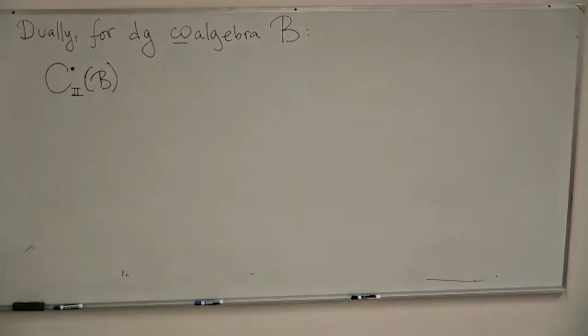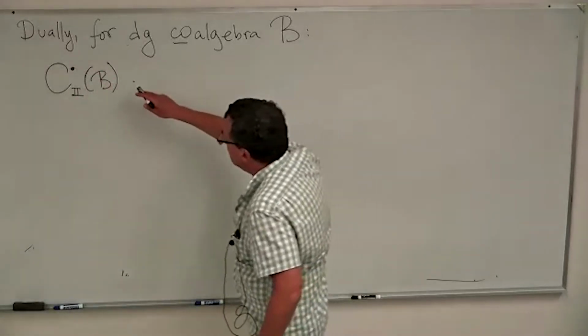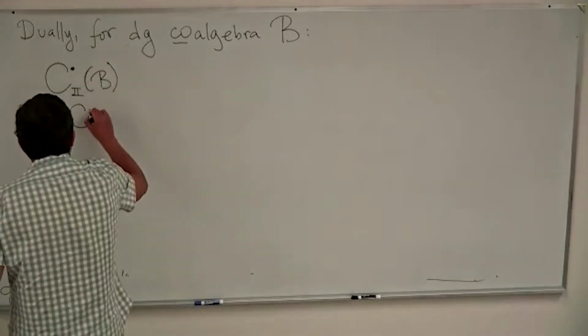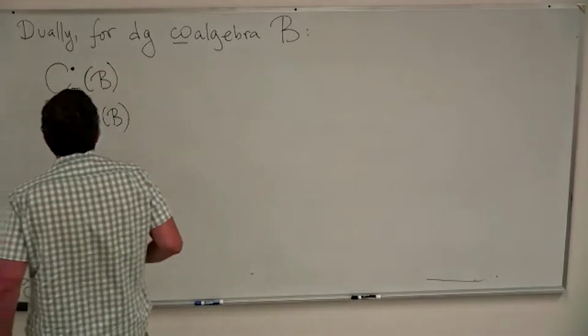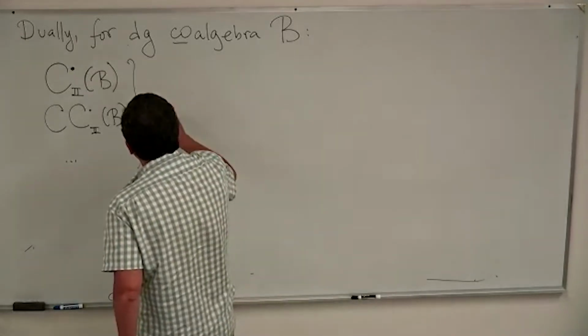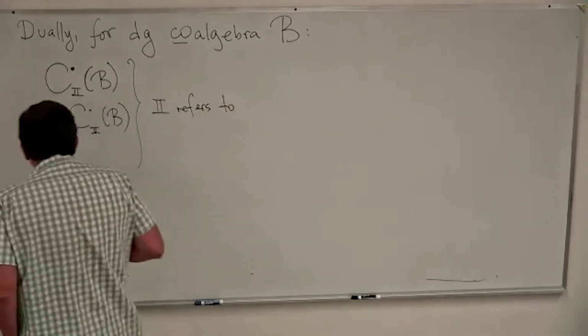I mean, very roughly speaking, let's say B is the dual of an associative algebra, and you just take this chain complex and take its linear dual. But of course, when things are not finite dimensional, you may have problems, but it's clear how to do it. So just a dual construction, and this Roman 2 refers to some technicality.